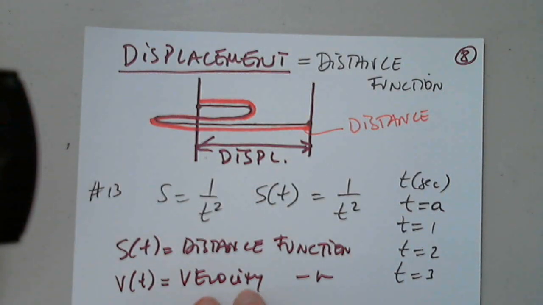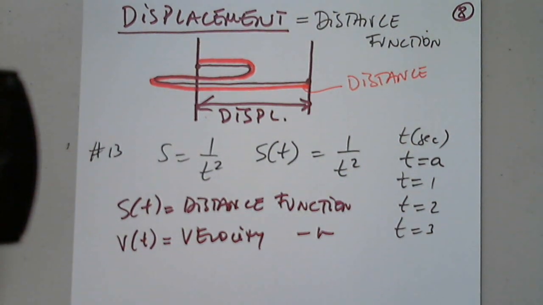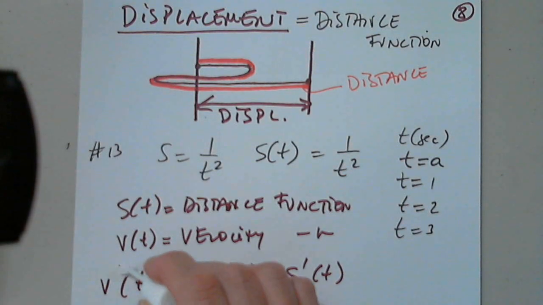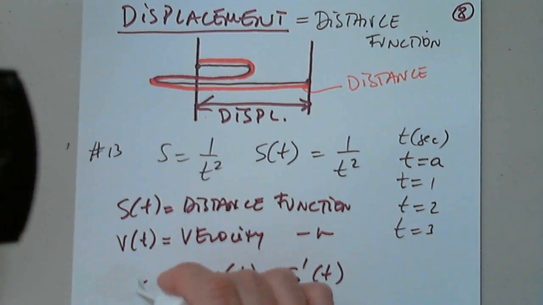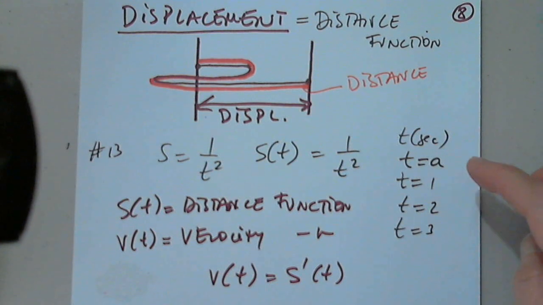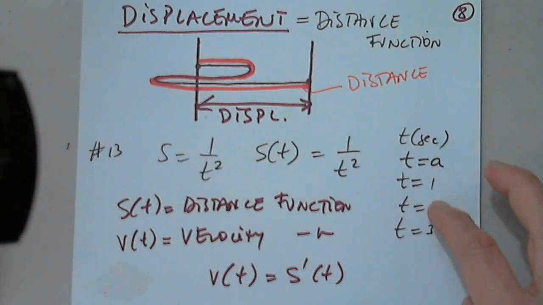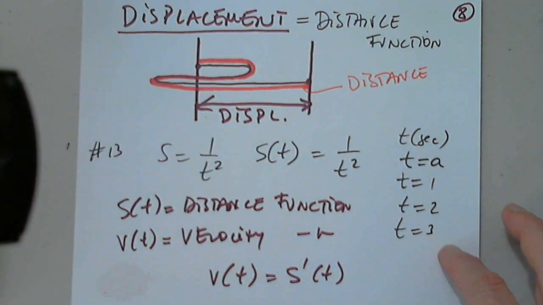Yes, because we know that the velocity is the rate of change of distance with respect to time. So v of t is s prime of t, exactly. The rate of change of distance with respect to time is the velocity. So in order to determine the velocity at t equals a, 1, 2, and 3, I have to determine the function. Once I have the function, I will be able to very easily find these 4 values.